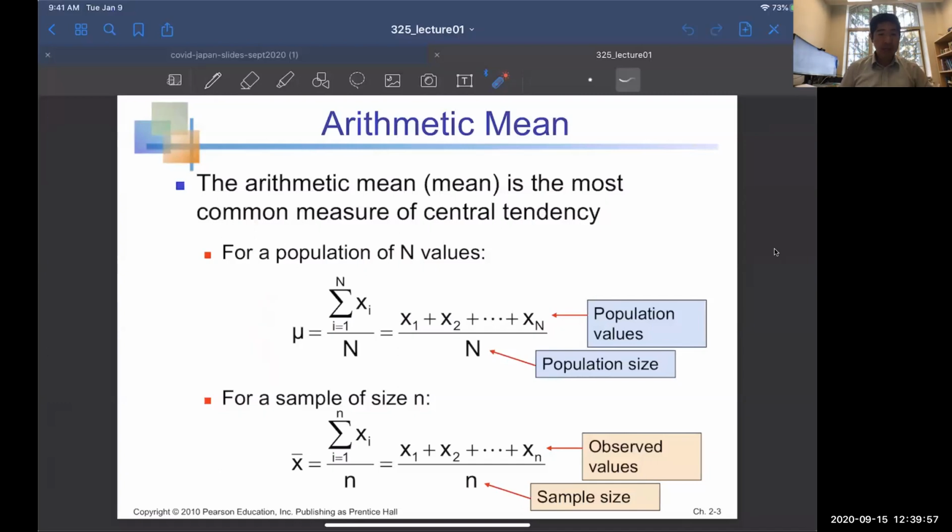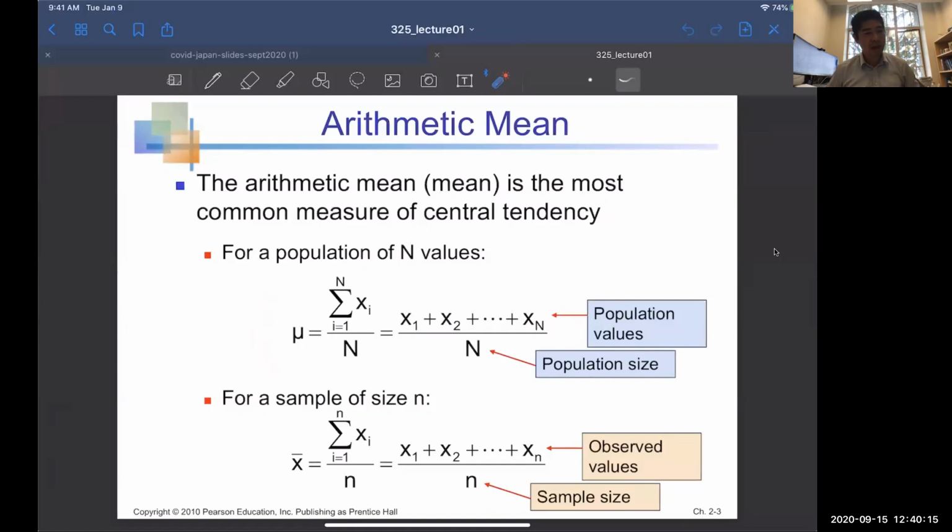Often, because it's very costly and time consuming to survey everybody, the data set is created by randomly sampling from the population of interest.